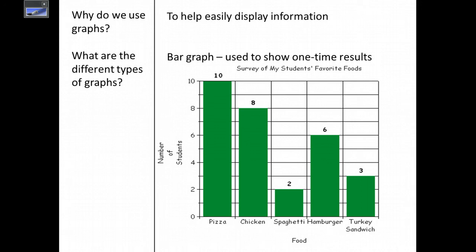Pizza got the most, with chicken second, hamburger third, turkey 4th, and spaghetti last. But, like I said, ahead of a lot of other things. One day you asked your friends this question, tomorrow you might even get a different answer, who knows? But at one time, these are the results you got.